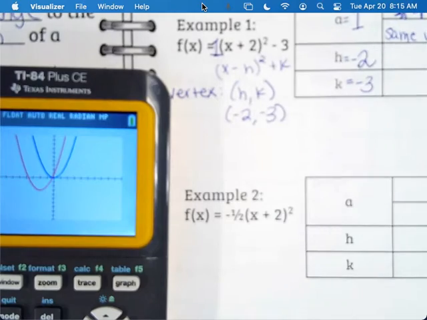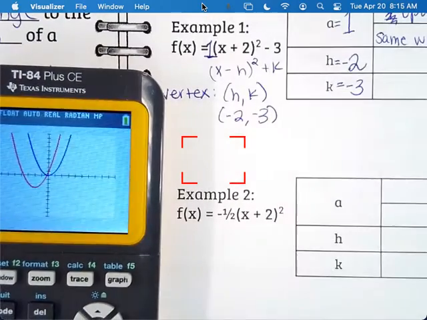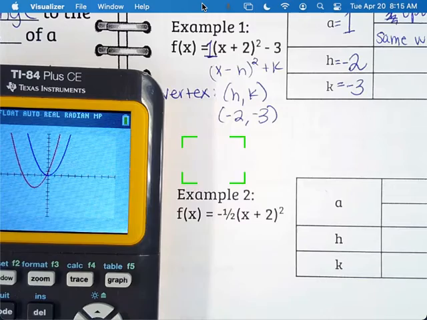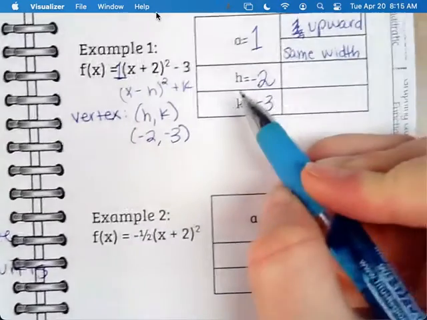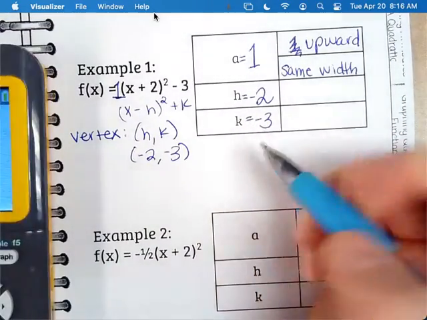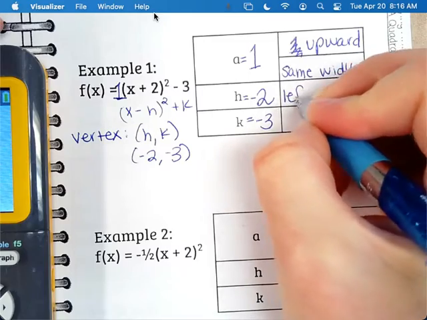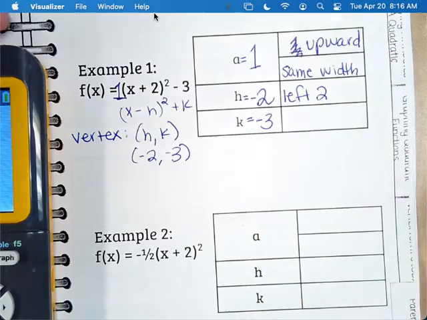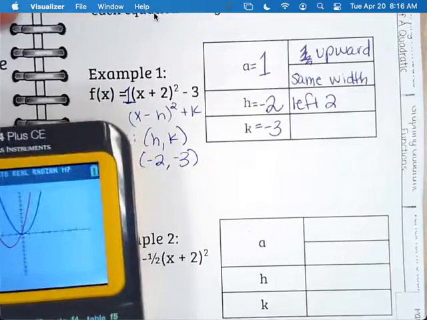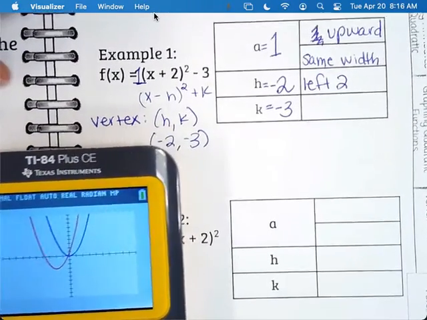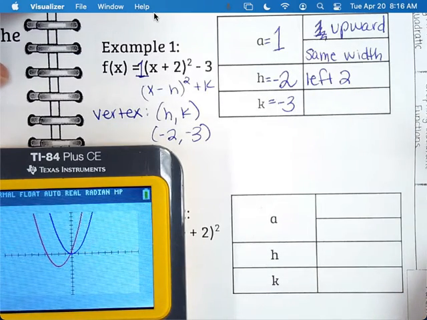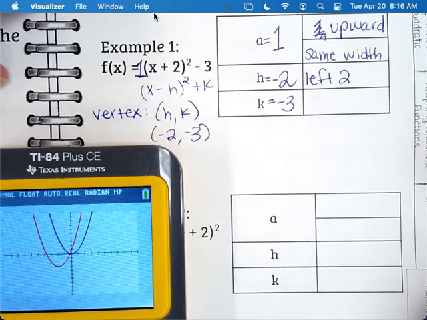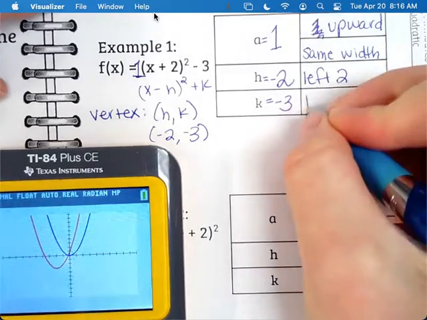How did the -2 affect it? It moved it to the side. Remember how we said h translates it left and right? Which way did it translate it? Left 2 units. And then what about the k? How did that perform some kind of transformation? Down 3.